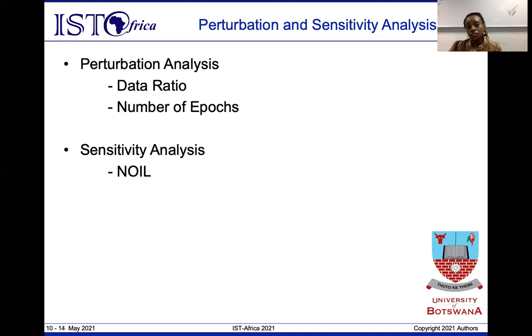In this situation, my X values, the parameters that I used, are data ratio and number of epochs. Whereas sensitivity analysis also determines how your X values affect your Y value, but now it's for a particular variable, and this variable is the number of input layers.